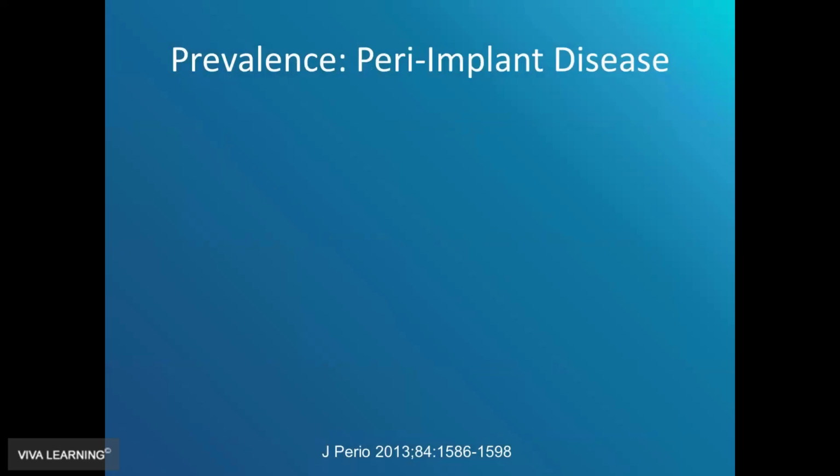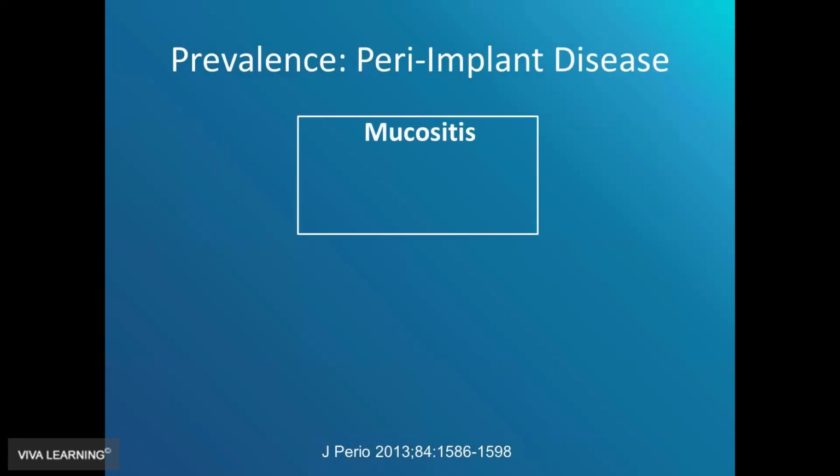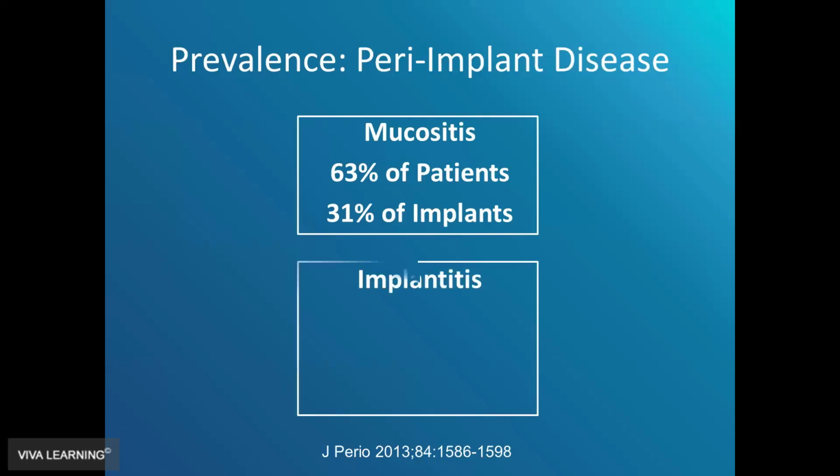How about the prevalence of peri-implant disease? It's very common. So peri-implant mucositis, about 63% of patients that have implants will exhibit this inflammation, and 31% of implants. So what this shows us is that in patients with multiple implants, not every implant is infected.